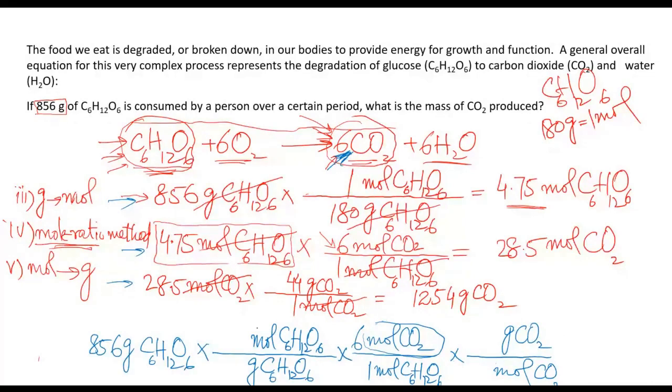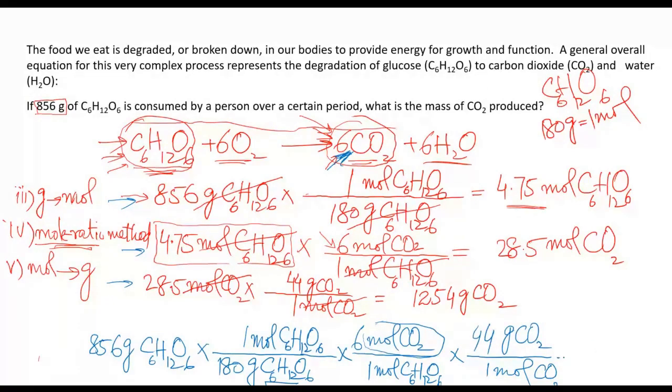So here in step number 1, step number 3 and step number 5, we write 1 with mole and the molar mass with the gram. So what is the molar mass of glucose? 180. And what is the molar mass of carbon dioxide? 44.